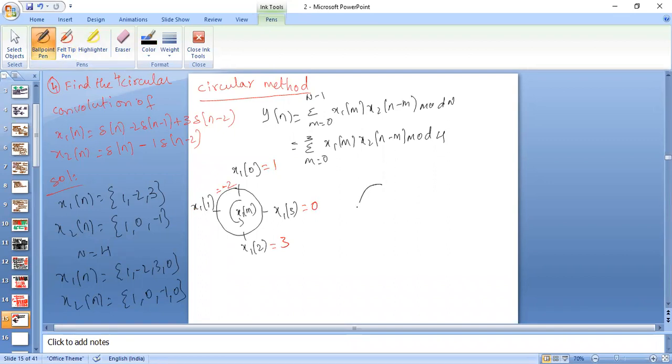Next, x2 of m. This is x2 of 0, this is x2 of 1, x2 of 2, and this is x2 of 3.